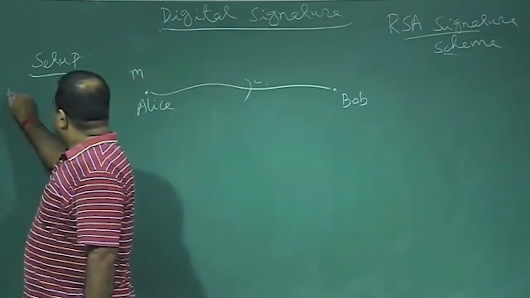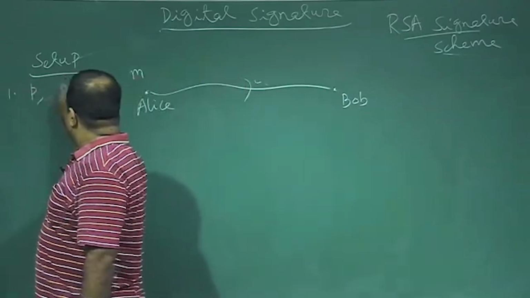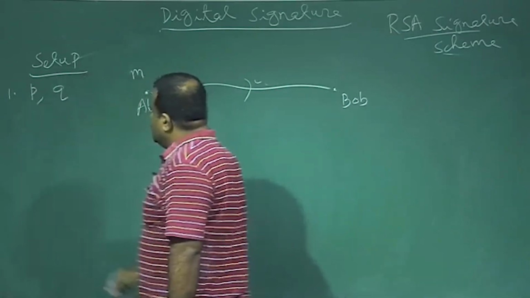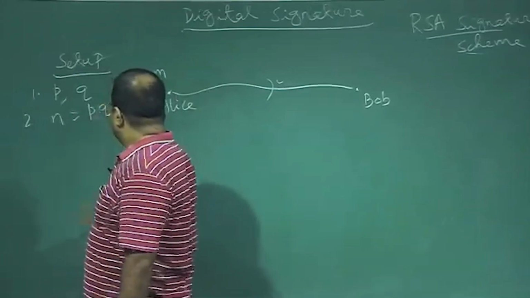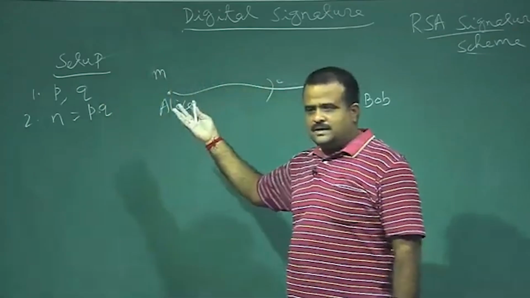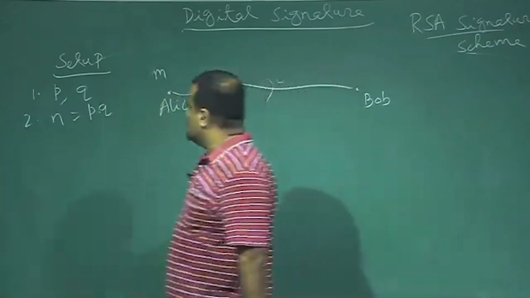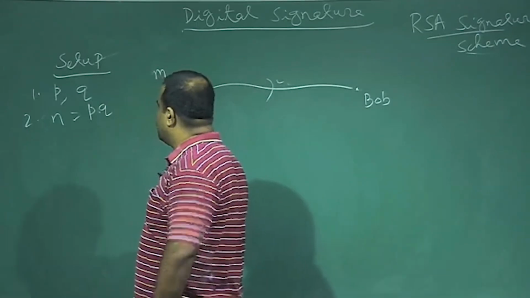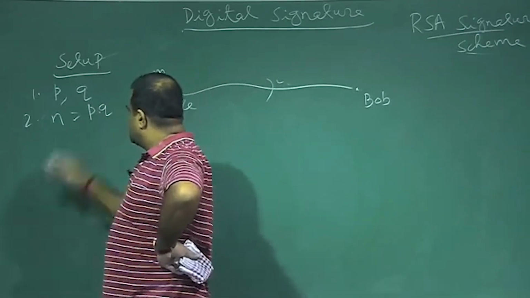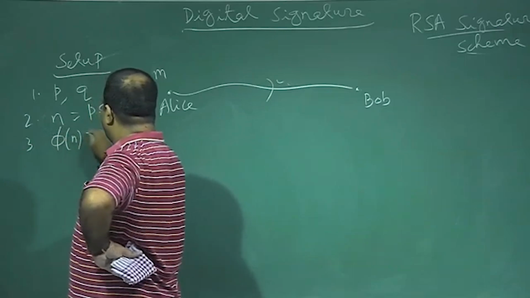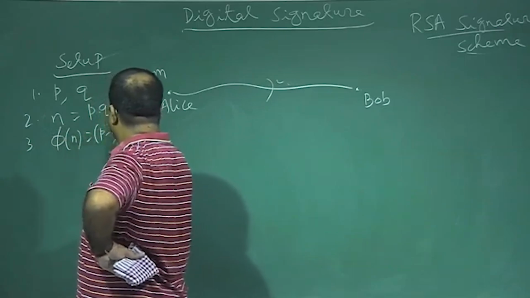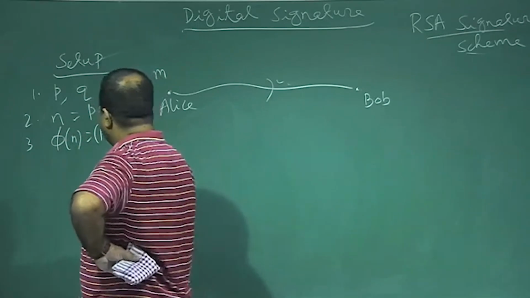First of all, Alice will choose two primes P, Q and compute the product n equal to PQ, and then compute phi n, the Euler phi function, (p minus 1)(q minus 1). This is the RSA crypto system.